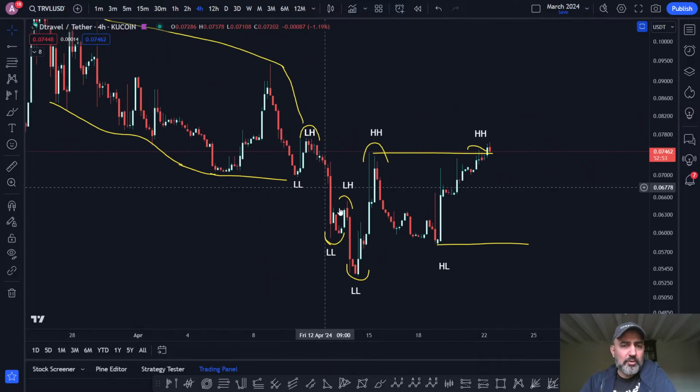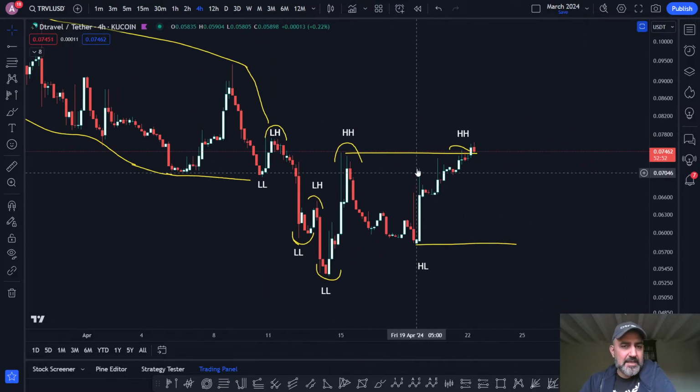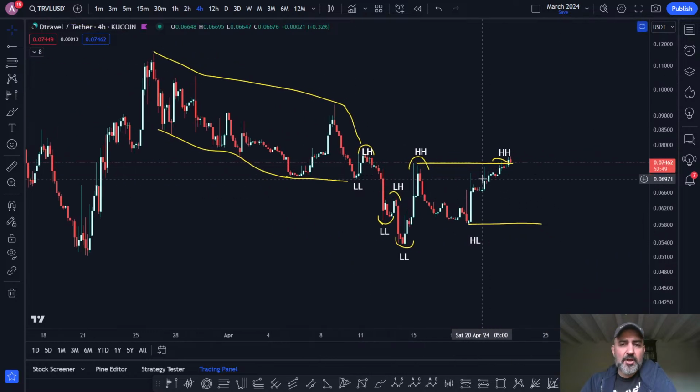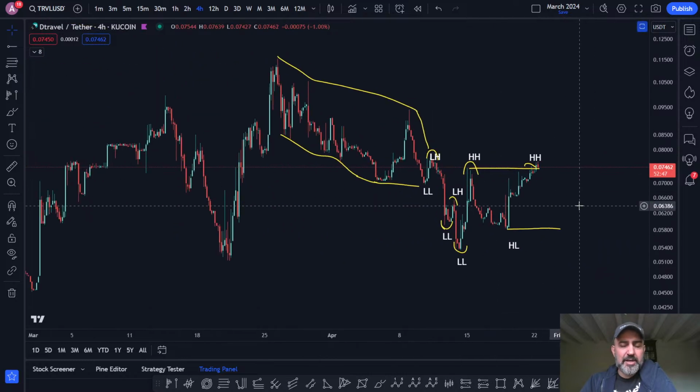So right now all of the exchanges have created this change, and this is a confirmation of change of market structure from bearish to bullish on the 4-hour time frame.